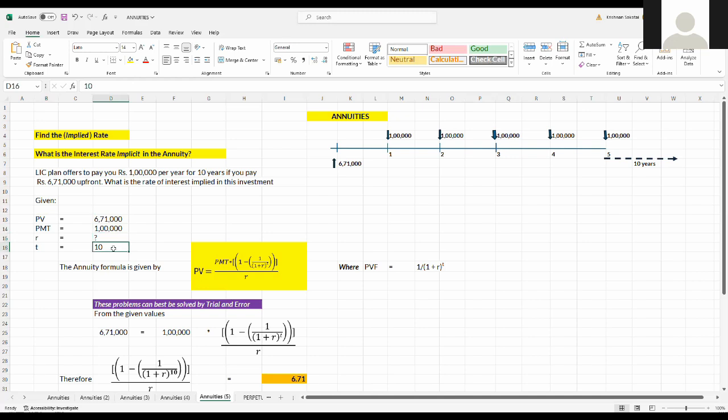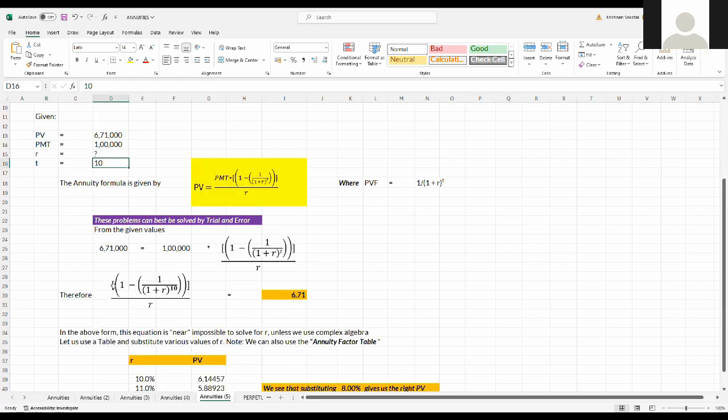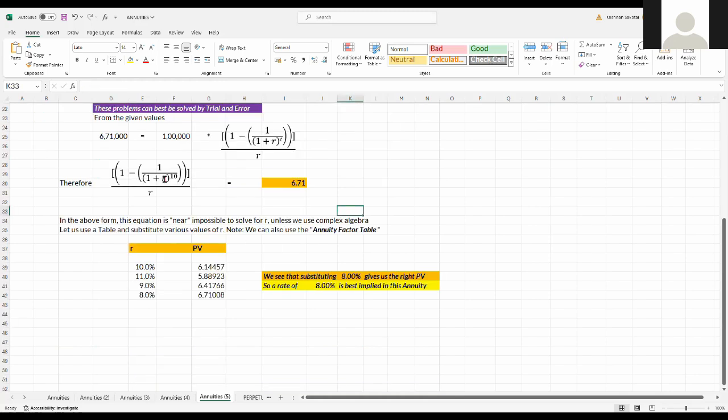Similarly, you put in the formula for the present value of an annuity, and then you get this big formula equal to 6.71. Now, intuitively it looks a bit difficult to find out what this is, and so a simplification is to do trial and error.